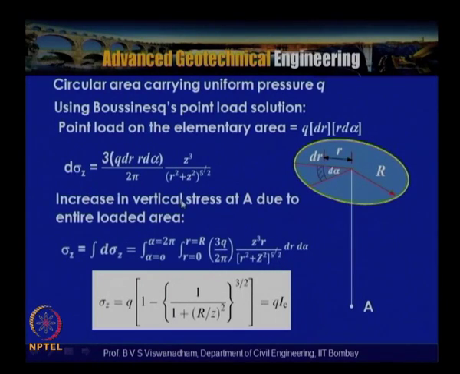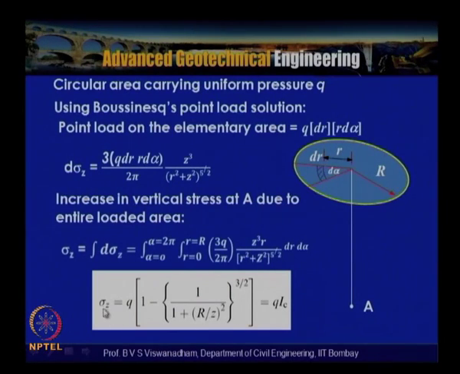So once we substitute and do the double integration, what we get is that sigma z is equal to q into within square brackets 1 minus 1 by (1 plus (r by z) whole square) to the power 3 by 2. This particular component of the equation is calculated as the influence factor for the circular loaded area, for different r by z values.